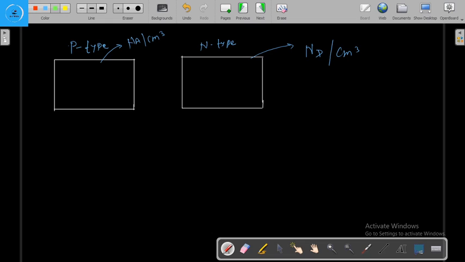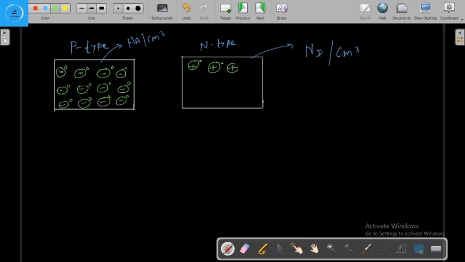This p-type semiconductor is like this with the holes. And this is the n-type semiconductor, having the free electrons.